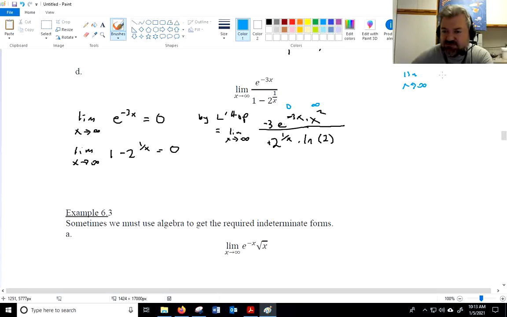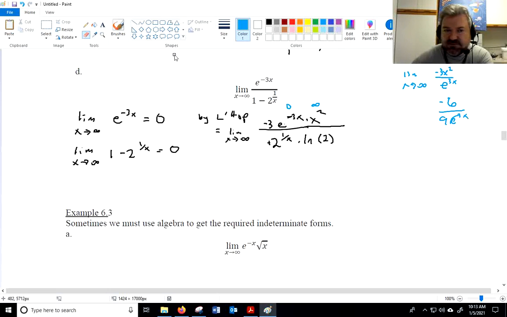I would say that this is x squared over e to the positive 3x. Then, using L'Hopital's a couple of times, we're going to end up with something like 6 over 9e to the 3x, and you can clearly see that this is going to 0 because that e to the 3x never goes away.